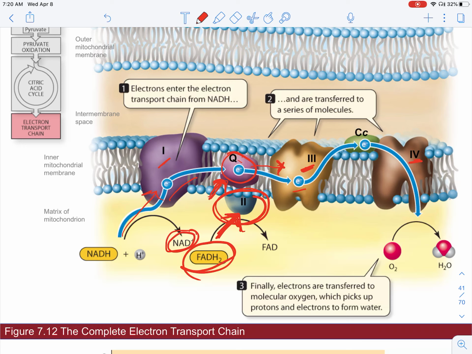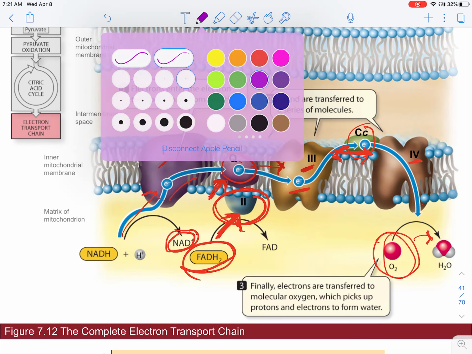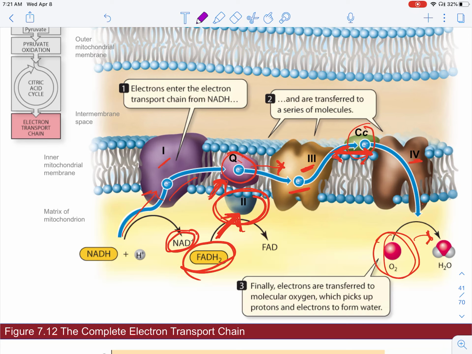From complex 3, these electrons get passed one at a time to cytochrome C. Cytochrome C sits at the surface and floats back and forth between complex 3 and complex 4, passing those electrons one at a time to complex 4, where ultimately these electrons end up linking up with oxygen to form water.